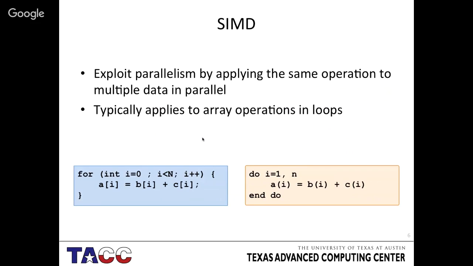So as with making a work sharing loop, what you can do, or what the compiler does, is tries to determine if the loop iterations are independent, and that there are independent operations.